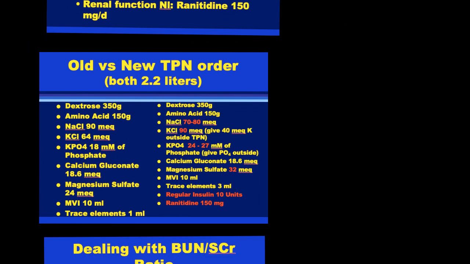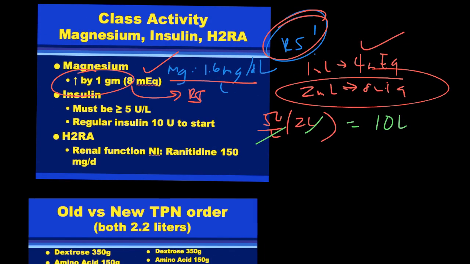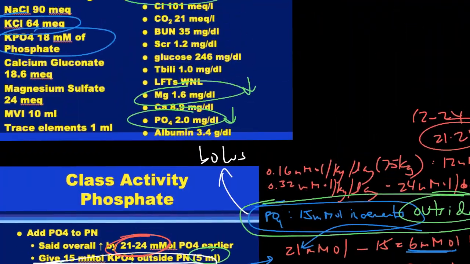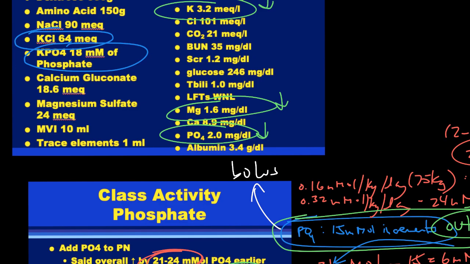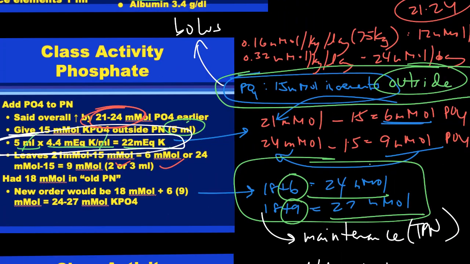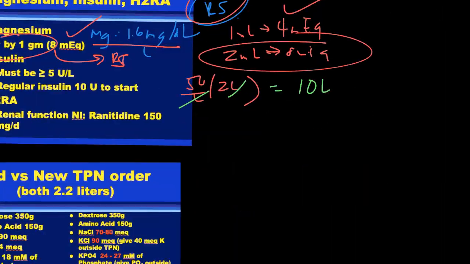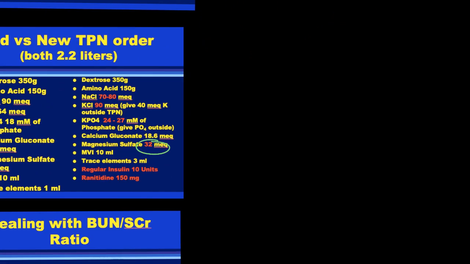So this is everything we did in a nutshell. Your magnesium was originally 24, but now you're adding 8, so that would give you 32. You add your regular insulin and your ranitidine.